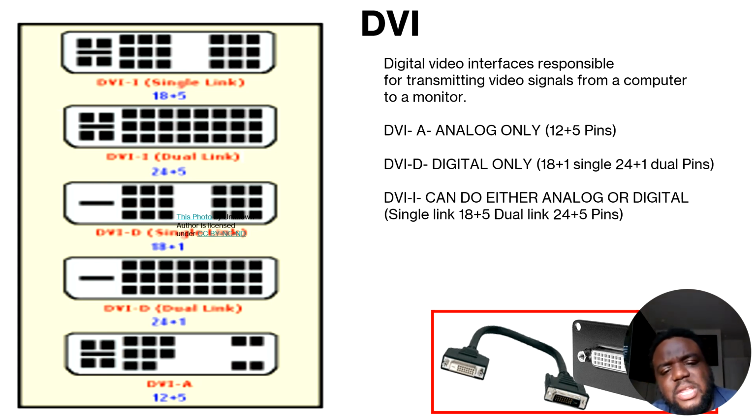But the DVI-I can do either one, and the pins are represented to show you how much data could be transferred. So the more pins one has, the more data that can be transferred using these DVI connections.